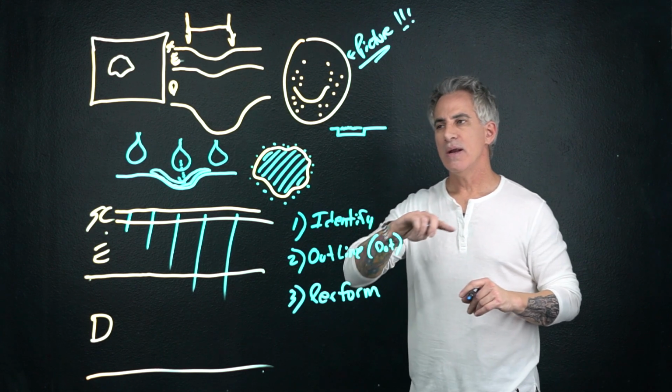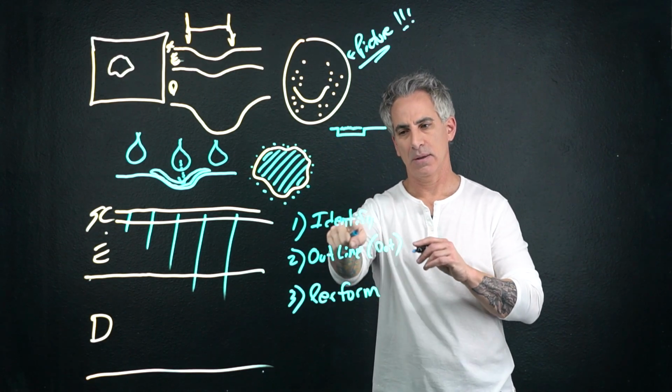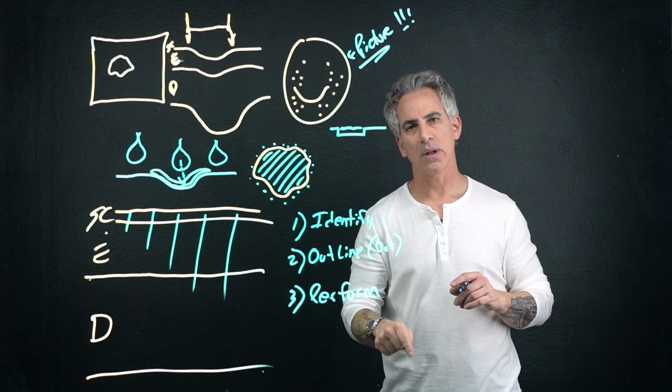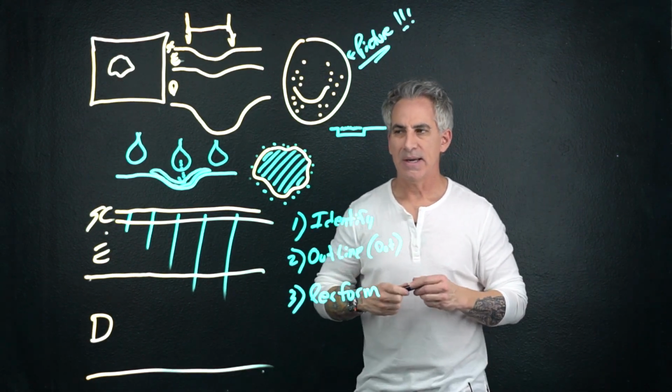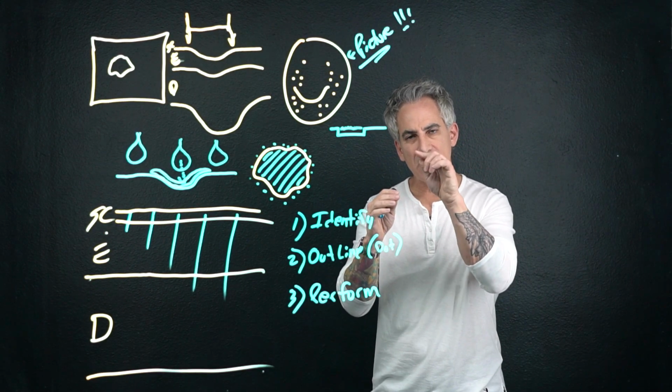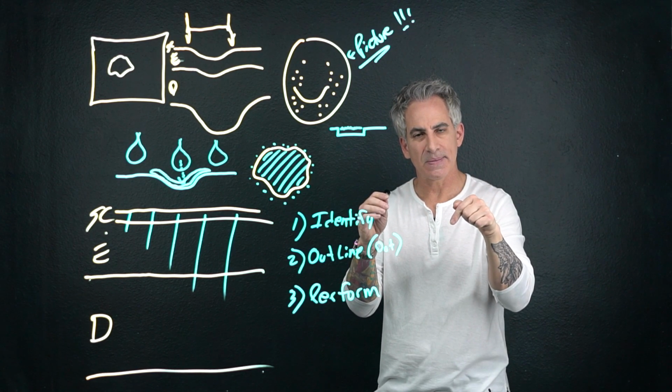All right, now to the needling part. You're going to come back, identify, outline, and perform needling inside there. Now, here's the key. Needling has the head of the instrument and a lot of different depths, right?